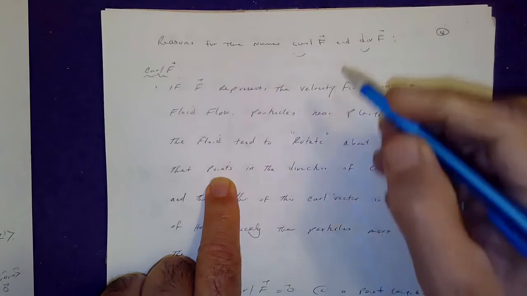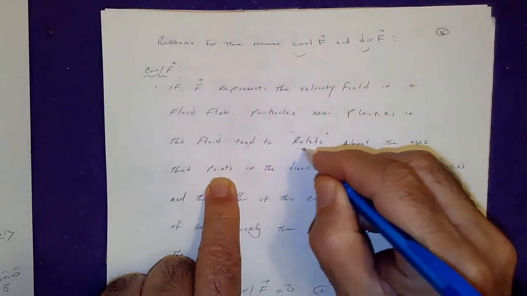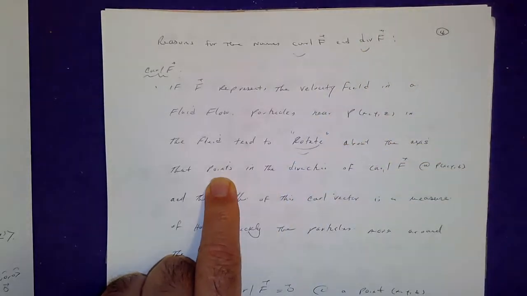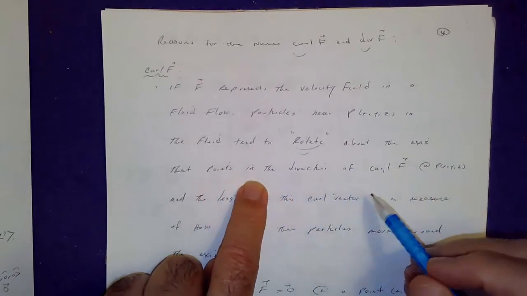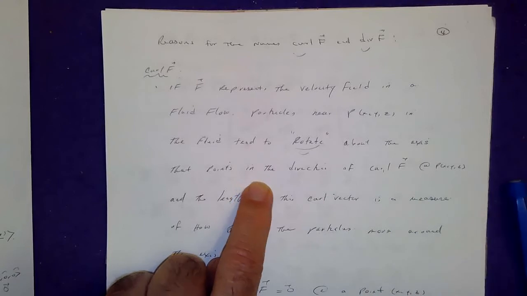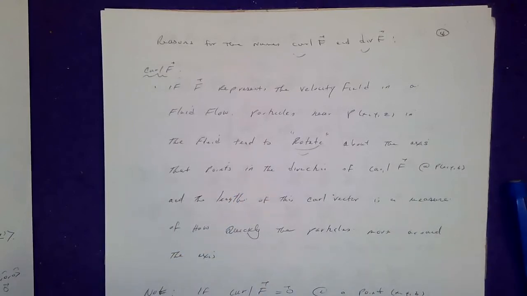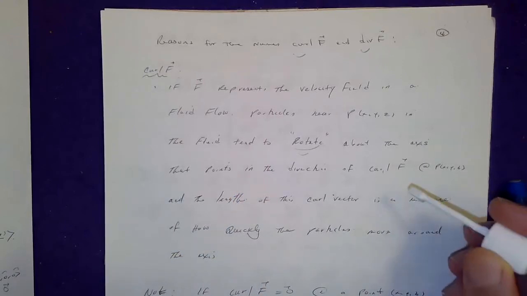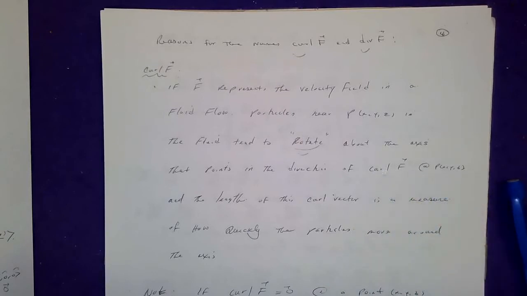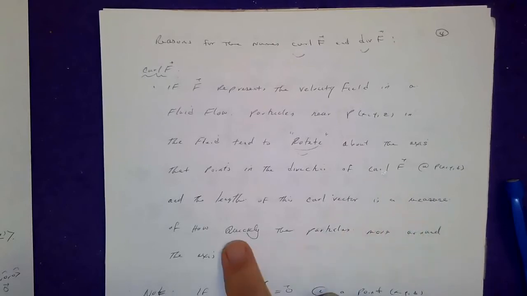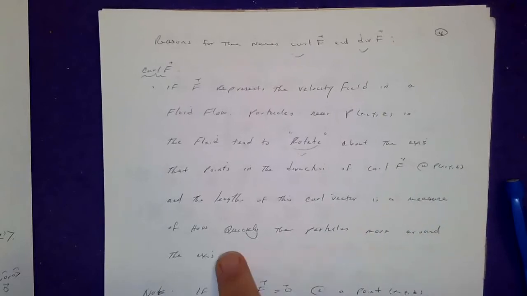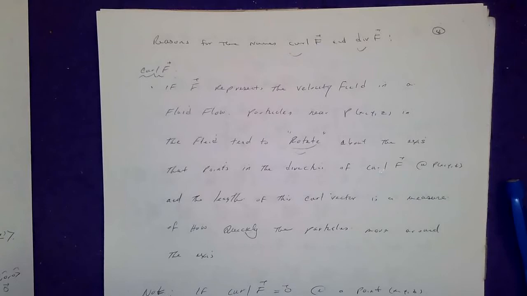In other words, the reason they call it curl is because it has to do with rotation. The axis points in the direction of the curl of f at point P, and the length of this curl vector is the measure of how quickly the particles move around the axis.